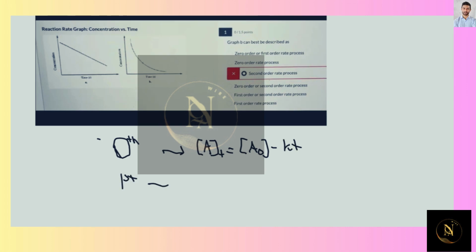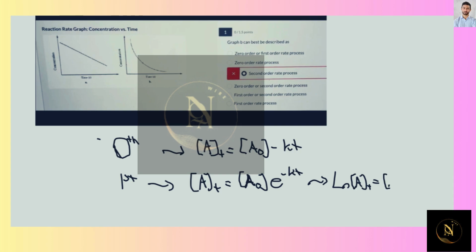For a first order process, that same concentration is going to decay in an exponential fashion. And often we see this linearized as the logarithm of the concentration as a function of time is equal to the logarithm of the initial concentration minus kt.